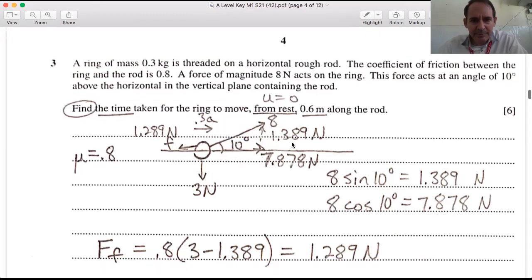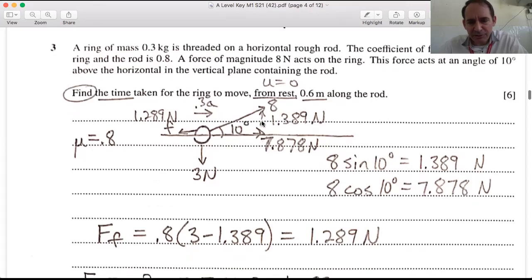And because this is going to move, we're going to have a mass times acceleration. In other words, there's going to be a net force because there's movement here. So 0.3, and the movement's not constant. So 0.3 times A, our coefficient of friction is 0.8. I put that over here.